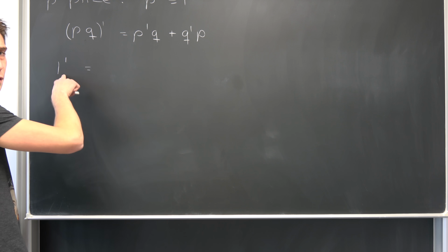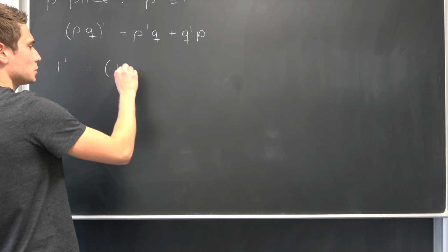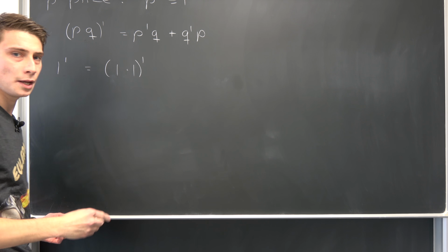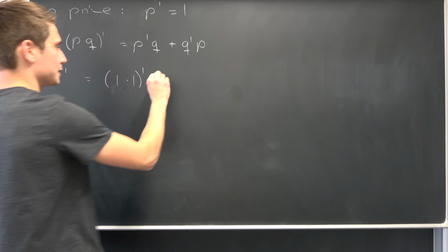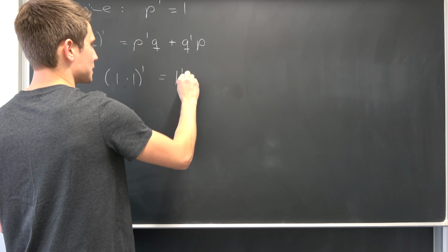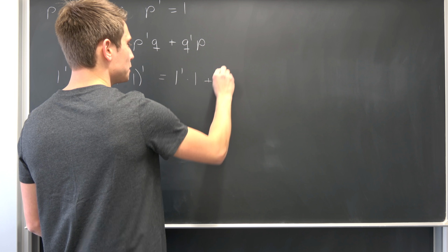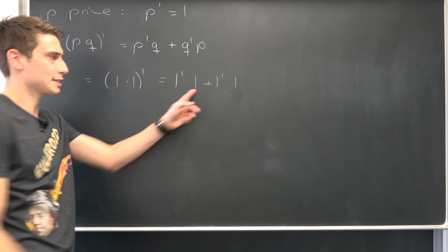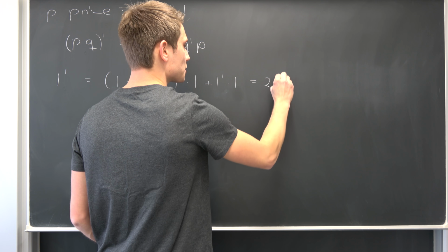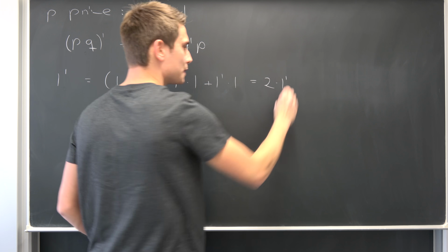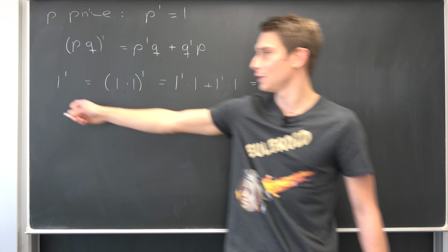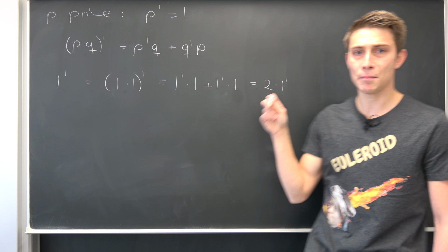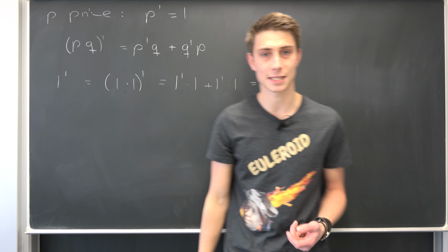Well, you see 1 is nothing but 1 times 1, so this always holds. But with this, we can make use of the product rule right here. So we get 1 differentiated times 1 plus 1 differentiated times 1. But this is nothing but 2 times the arithmetic derivative of 1. So we have this conclusion right here, that some element is equal to 2 times the same element.